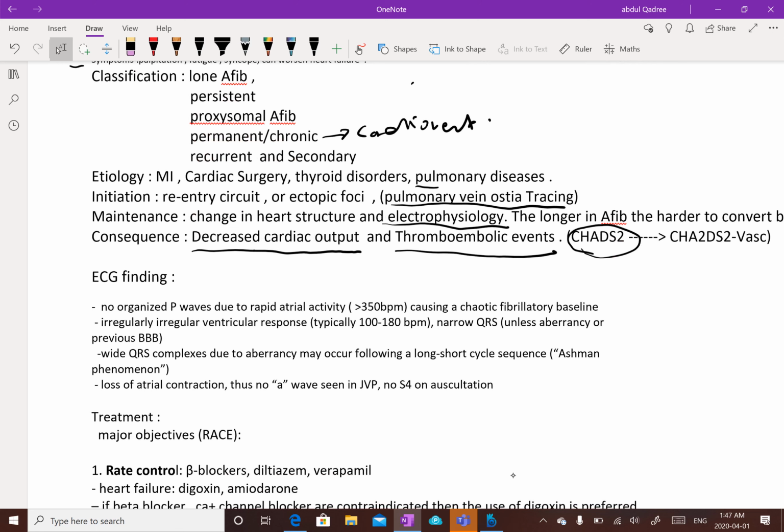The higher the CHADS score, the higher the possibility of stroke. It's been shown to be about 8 to 18% if the patient has a higher CHADS score, especially 5 or 6, and there's a high chance that this patient can have a stroke in the future.